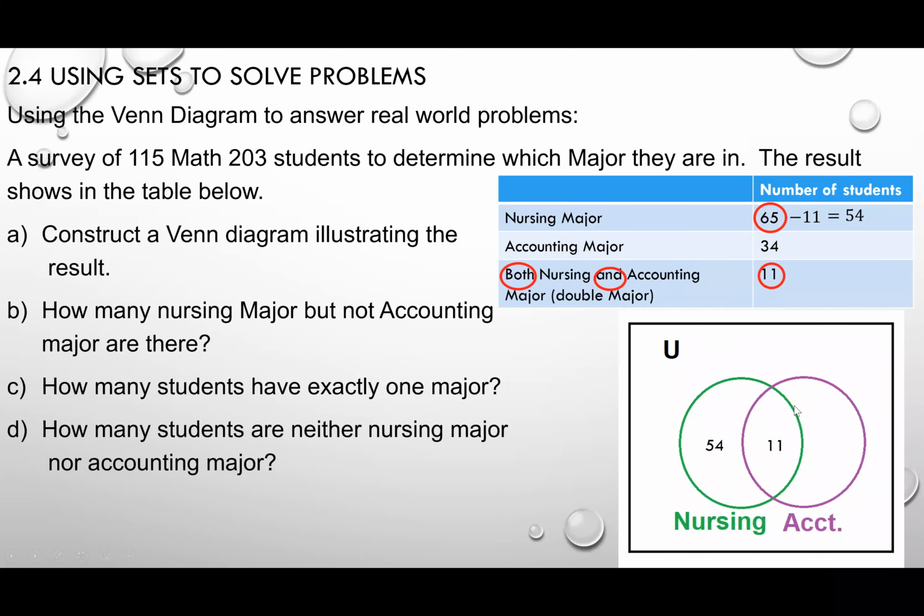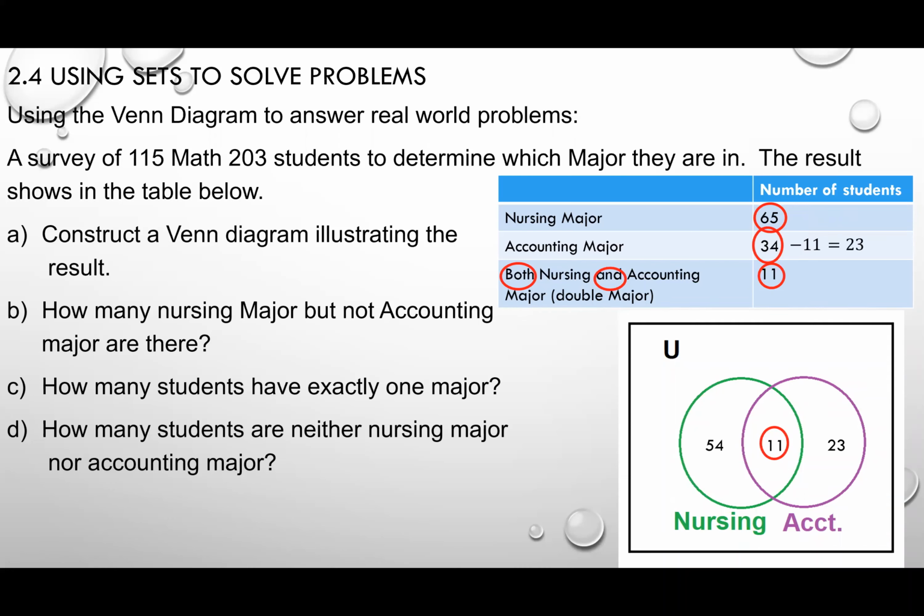Now, forget about the green. Let's take a look at the purple. What is the maximum capacity of the accounting people? They tell me it is 34. But how many have I accounted for? I already accounted for 11, so I take 34 minus 11, which gives me 23.